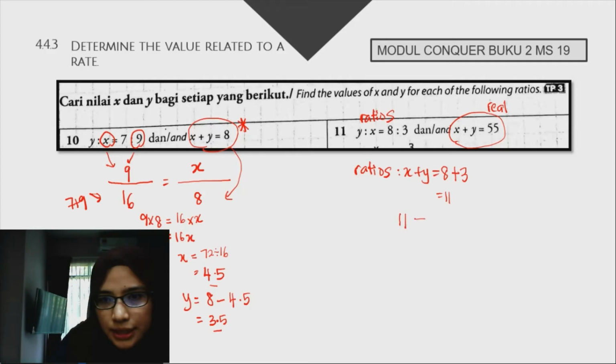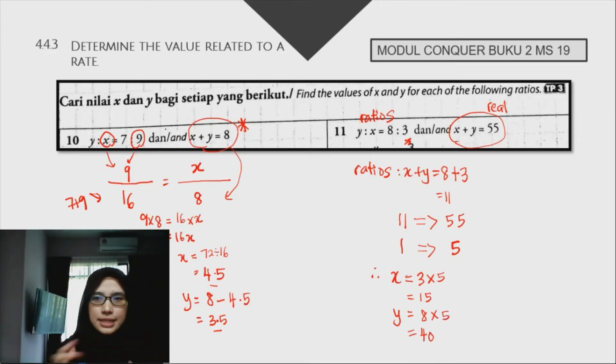So comparing 11 in ratios is equal to 55. So 1 unit of ratio is equal to 5. So our x is 3. So 3 times 5 is 15. y is 8 times 5 is 40. So that is the second method. Okay.